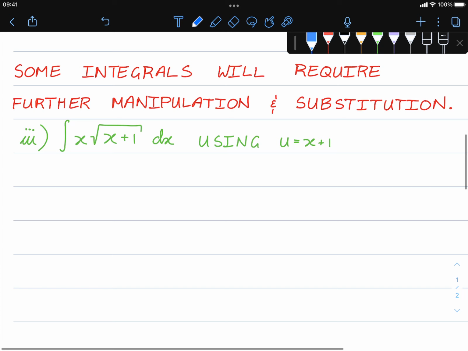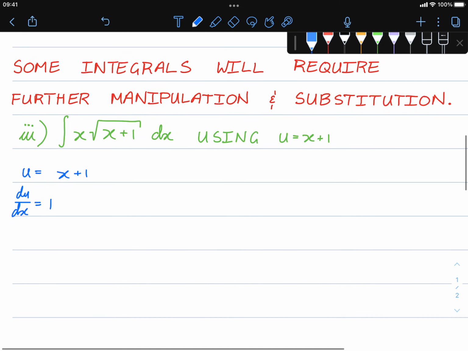So let's start as normal. We get u is equal to x plus 1. We begin as normal, du over dx, that's just 1. du is equal to dx. I hope you can already see the problem that you'll encounter when you try and just substitute everything as we have it.